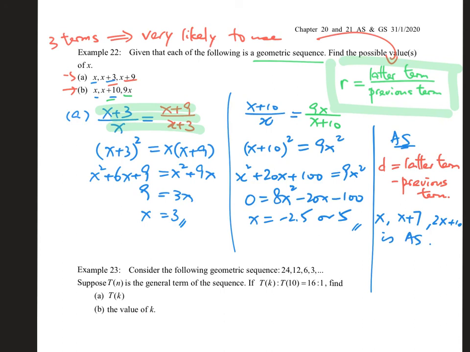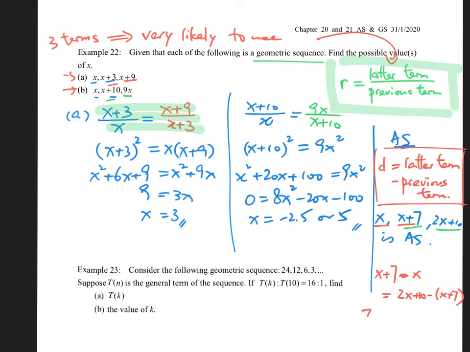We want to find x. So in this case, according to the feature about common difference, you have x plus 7 minus x is equal to 2x plus 10 minus x plus 7. So you check for the difference of the two terms next to each other.